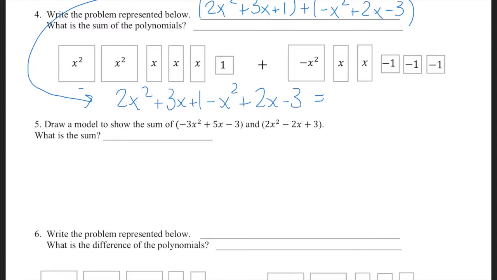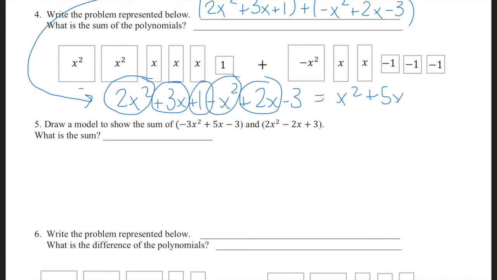And if I combine my like terms, 2x squared minus 1x squared is x squared. 3x plus 2x is 5x. And positive 1 minus 3 is negative 2. This is your simplified answer, which you would put here. That little line is a little bit too small for me.